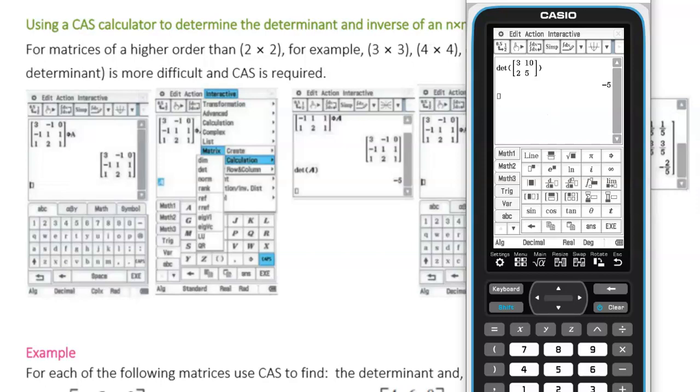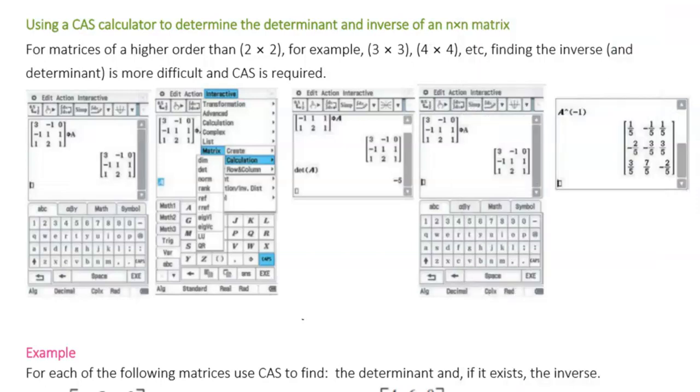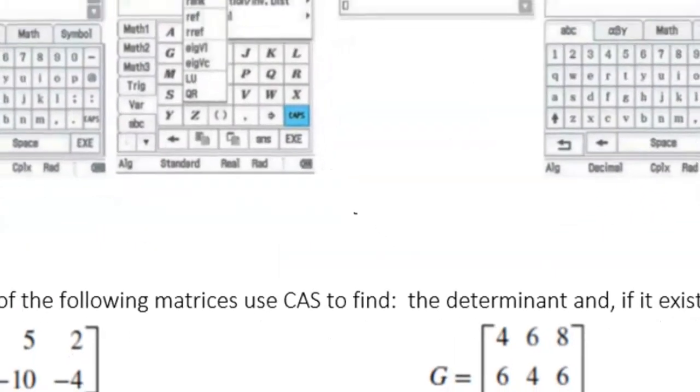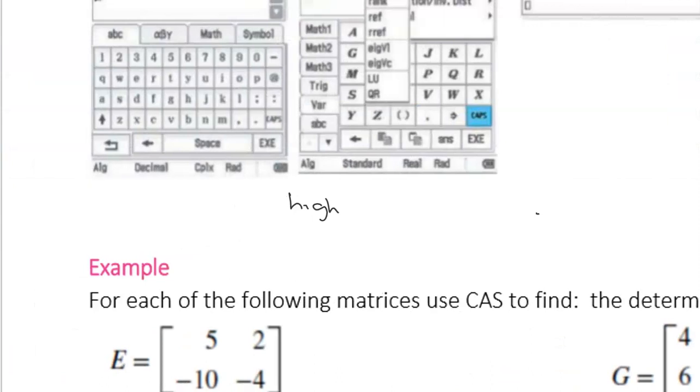Okay, so we'll write those steps down. First up, we entered the matrix. Then we highlight the matrix.